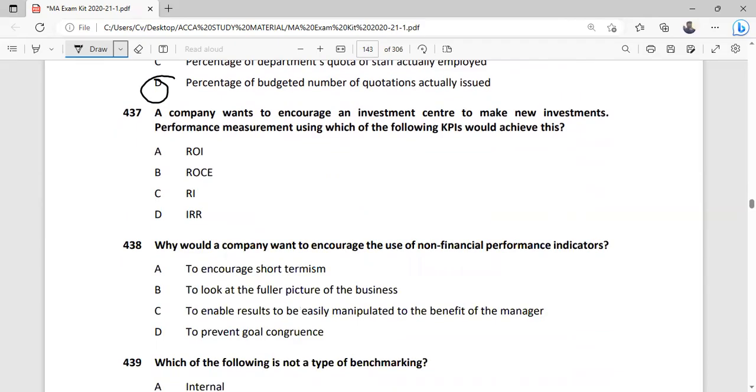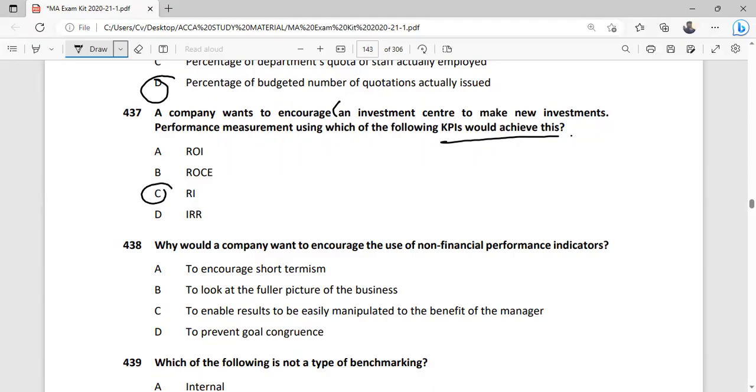A company wants to encourage an investment center to make a new investment. Using which of the following KPIs would achieve this? We are talking about an investment center making a new investment. Whenever we are making a new investment, we want to know what our actual profit would be as compared to notional profit. So residual income.